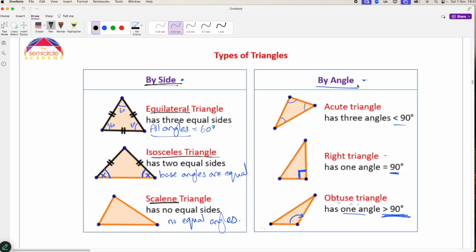If we're looking by angle, we have the acute triangle where all of the angles inside are less than 90 degrees. We have the right triangle where one of the angles is 90 degrees. And the obtuse triangle is where one of the angles is greater than 90 degrees.